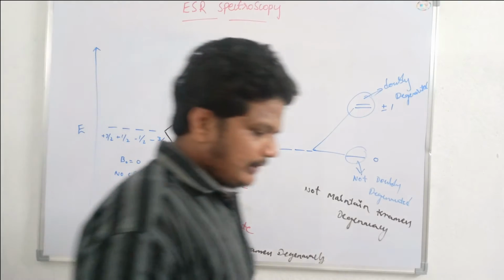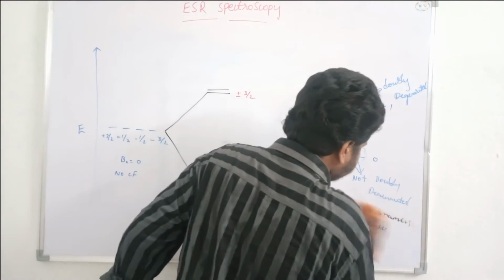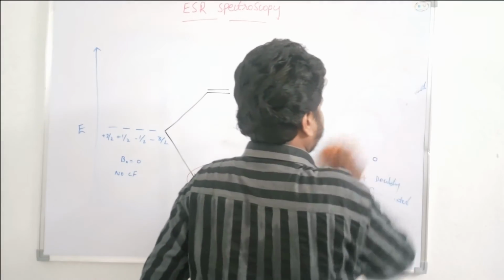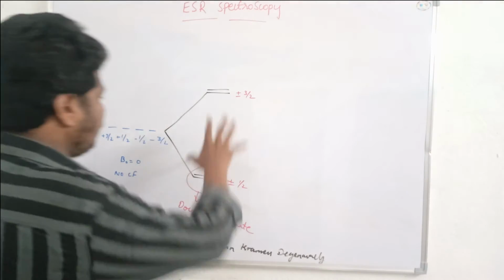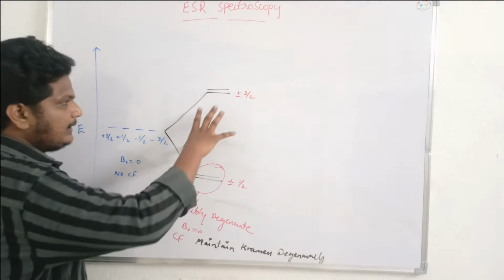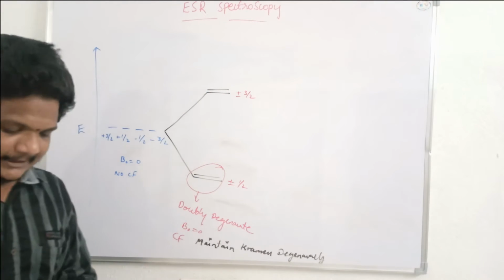Now let us see, in the case of the d3 system, all four energy levels are split into these two doubly degenerate states in the absence of an external magnetic field.